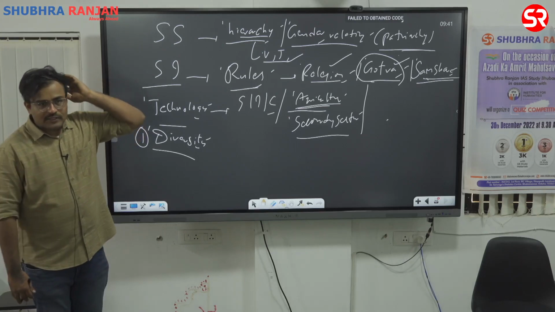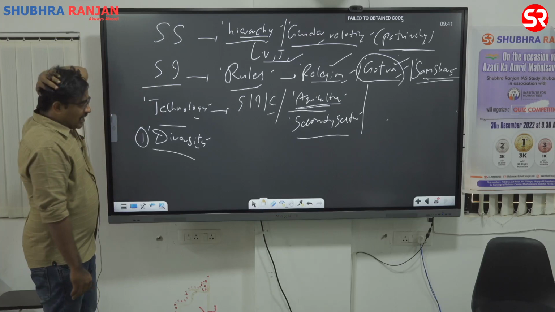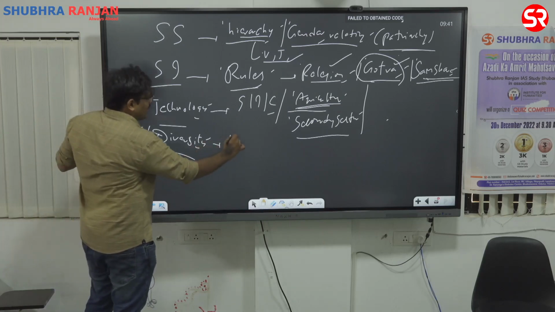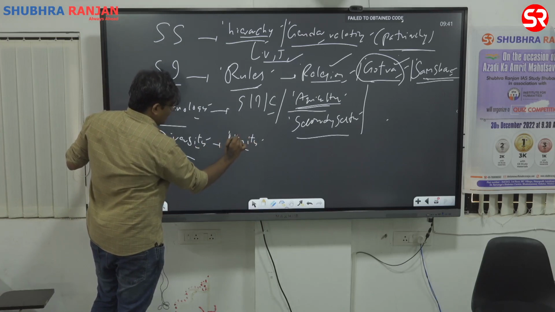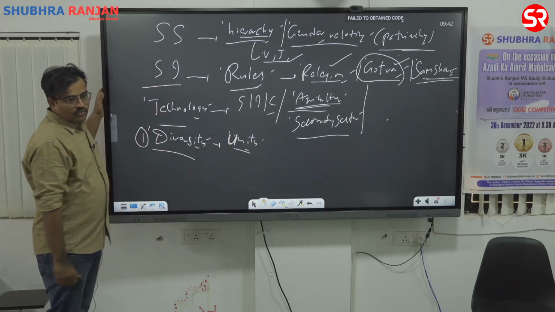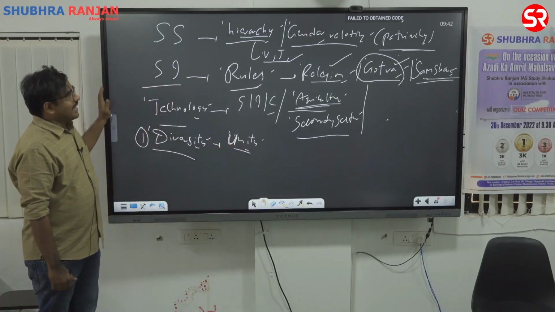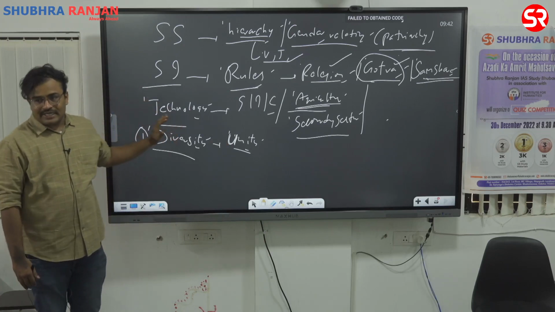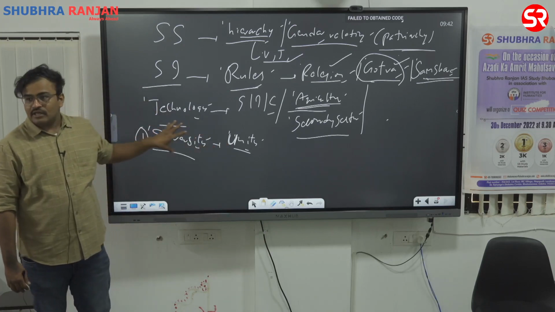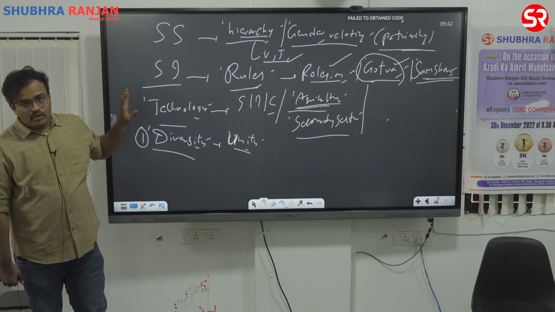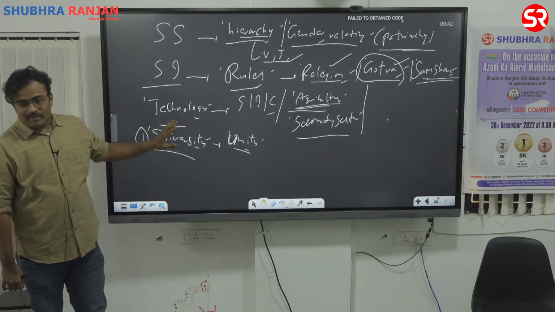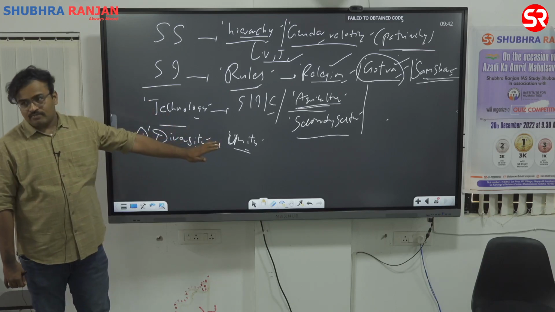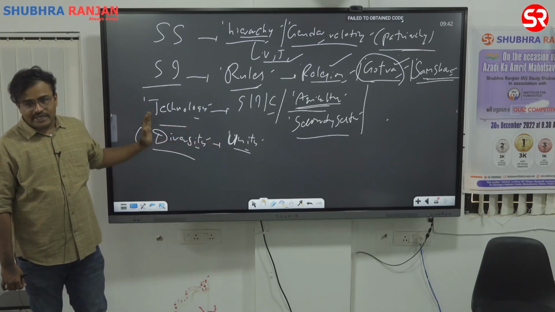Despite the diversity present in India, there is always an underlying unity in this diversity. That is what we usually call the concept of unity in diversity. It means there will be diverse traditions across the country, but there will be an underlying unity beneath them.